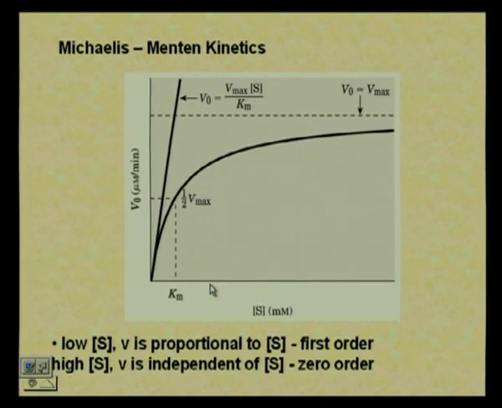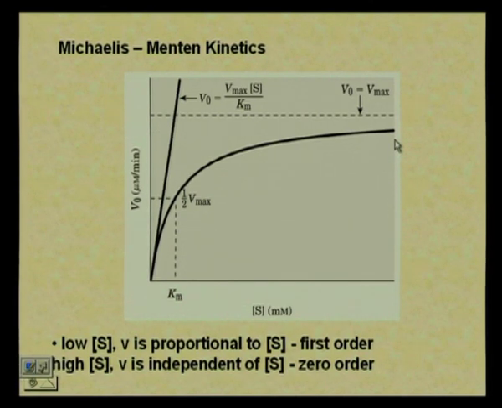That is exactly what happens. What we have is the velocity. As you increase the substrate concentration, you are going to have saturation. Why? You are talking about an enzyme. It is a protein. It has a limited number of active sites.